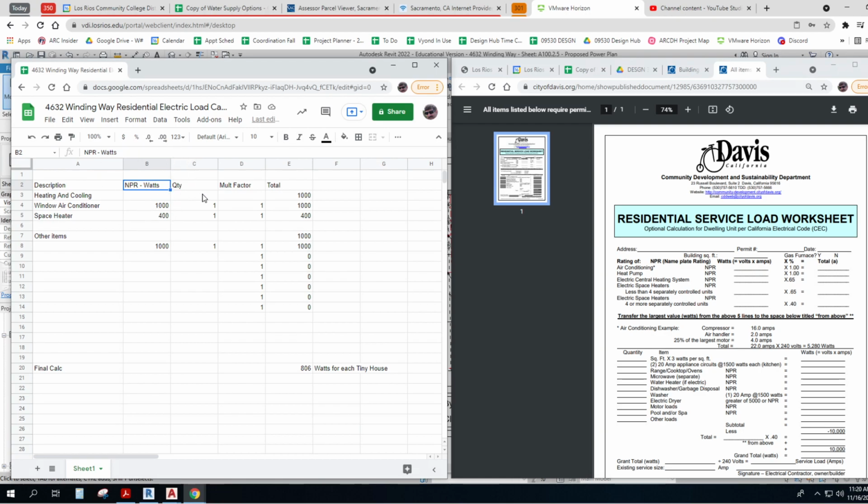Nameplate rating. How many of them I've got. What's my multiplication factor and my total? Okay, so for heating and air conditioning, what's my nameplate rating? Maybe, and this would be for, let's call this one lot 1.